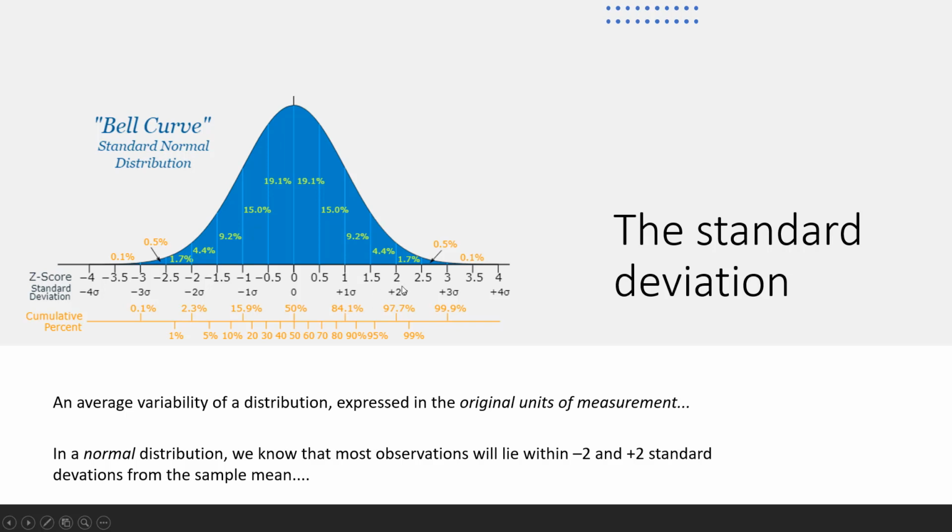Almost everyone is going to be within -2 to +2, and the further out you go from there, so +3 standard deviations, +4, very unusual scores, very unlikely to see observations at that point in your frequency distribution.